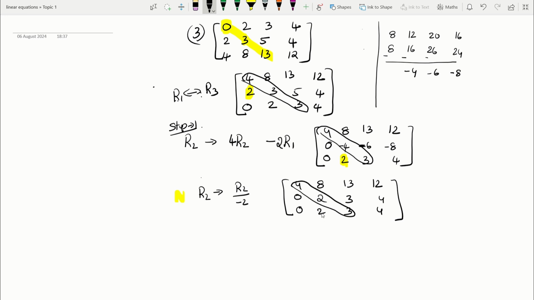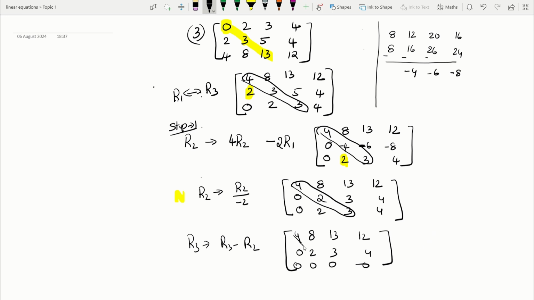R2 by minus 2. I don't want to see that minus also. So let me do that minus 2. With minus 2 it will be more clear for us. 4, 8, 13, 12. Then it will be 0. Minus 4 by minus 2 is 2 only, right? Minus 6 by minus 2 is 3 only, right? Minus 8 by minus 2 is 4. Now see. 0, 2, 3, 4.